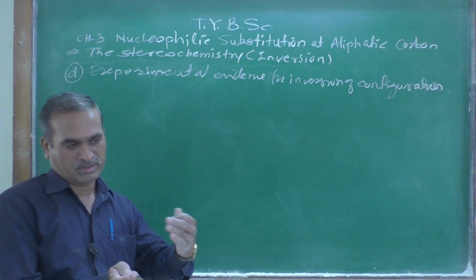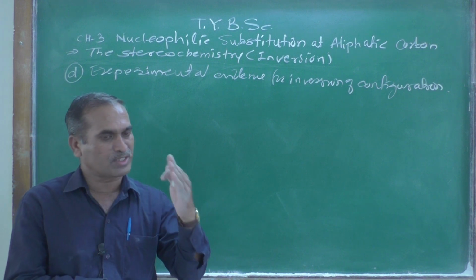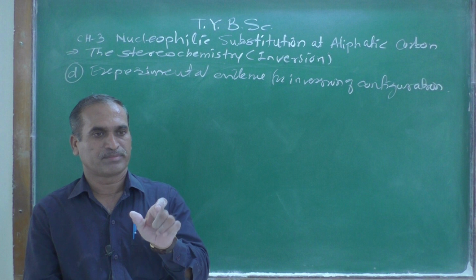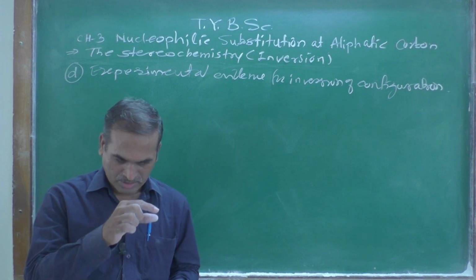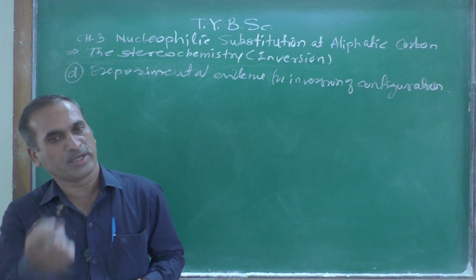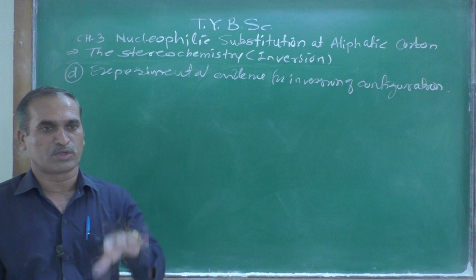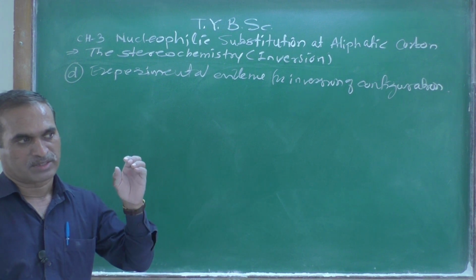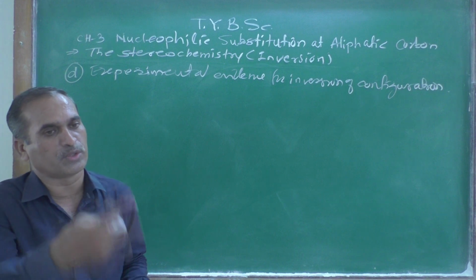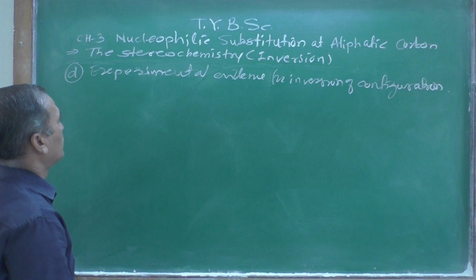In the previous example, we converted the substrate into its enantiomer in three steps. Here we are going to convert the substrate into its enantiomer in a single step. Let us see the example.